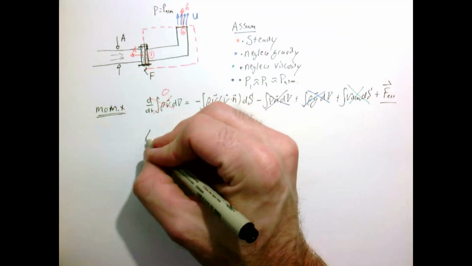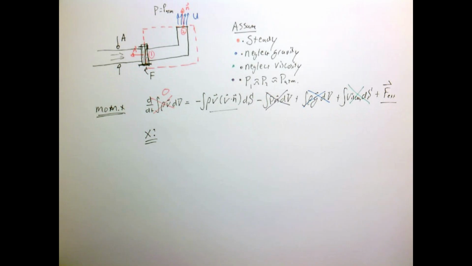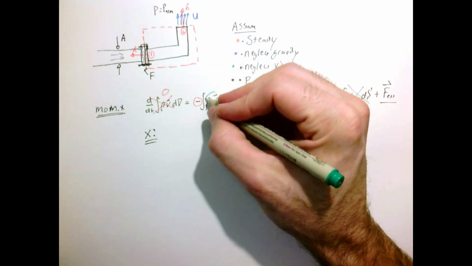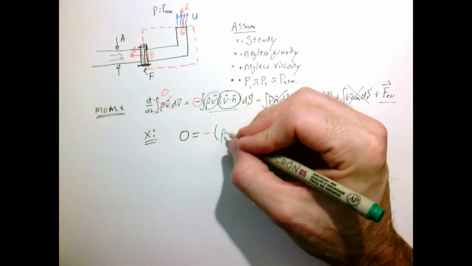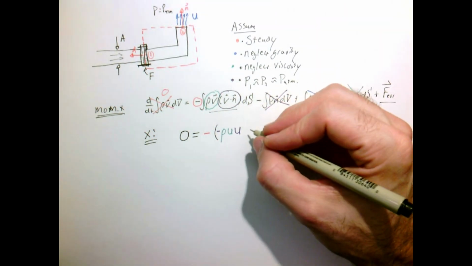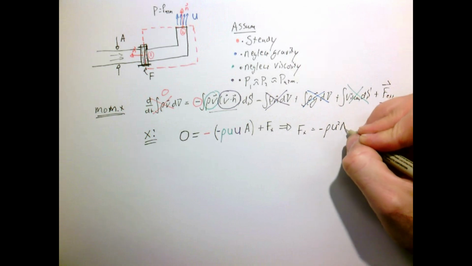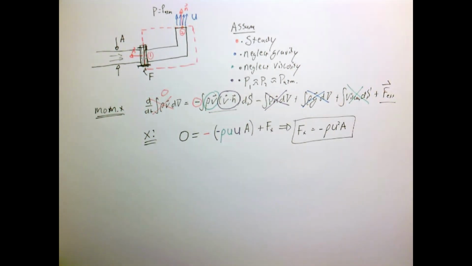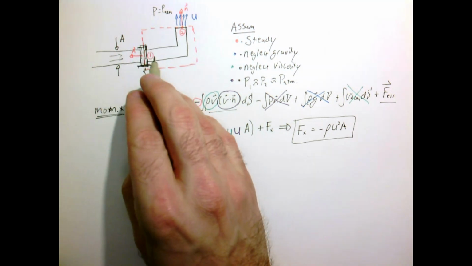So when we do the x component of the momentum, let's again be careful with our signs. So for the x momentum, there's velocity here, right?